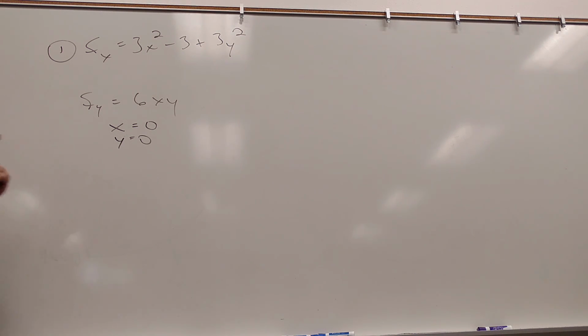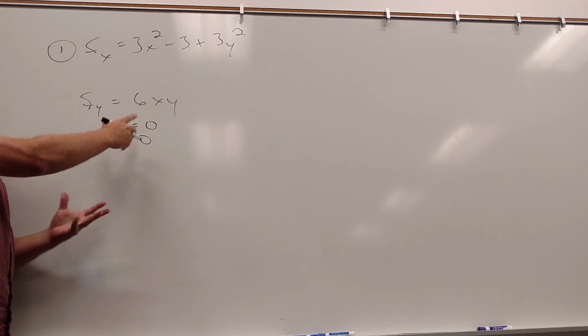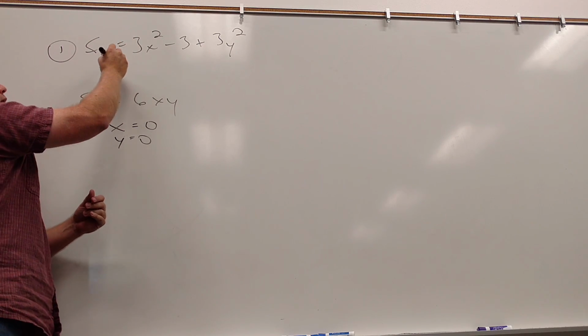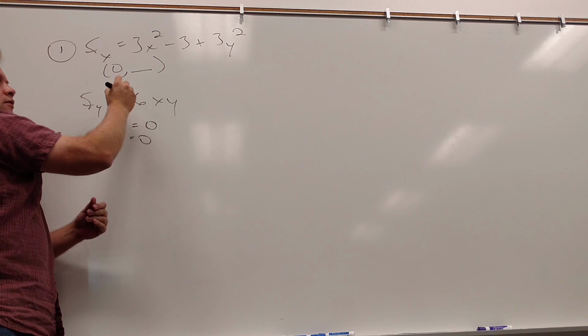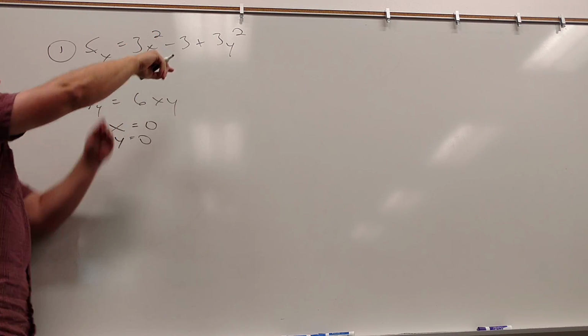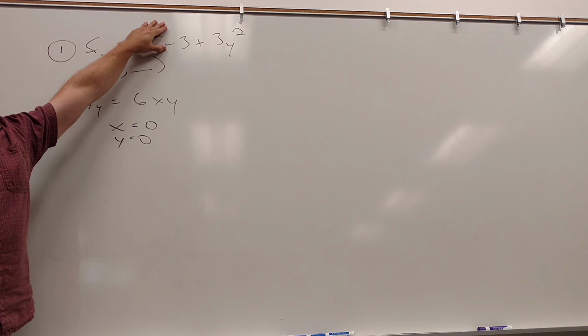The reason I say it like this is I haven't done anything with this yet, but I've already got parts of the answer from this one. So up here, if x is 0, what could y be? If I make x 0, how do I make that 0? If y is plus or minus 1.